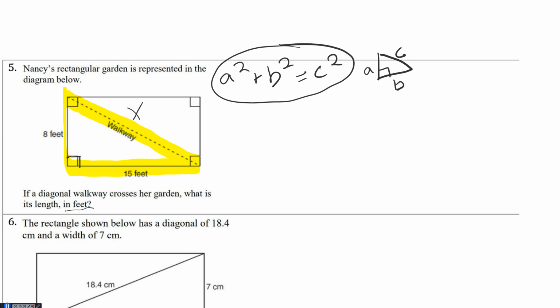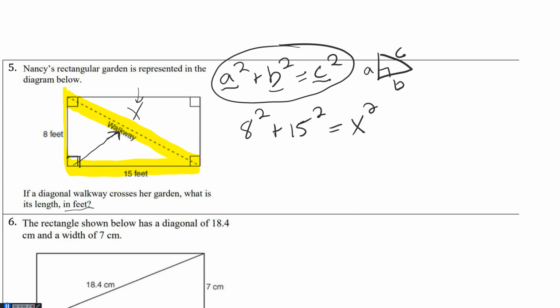So I ask myself, am I missing one of the legs, a and b, or am I missing the hypotenuse? In this case, we're missing the hypotenuse because that's the side across from the right angle, or the longest side in the right triangle.